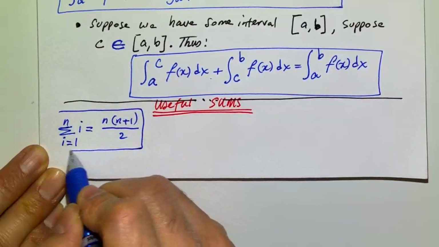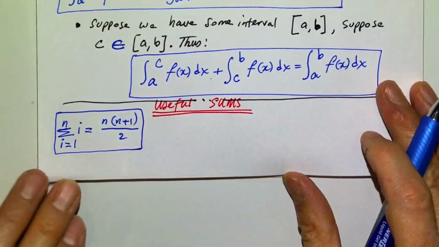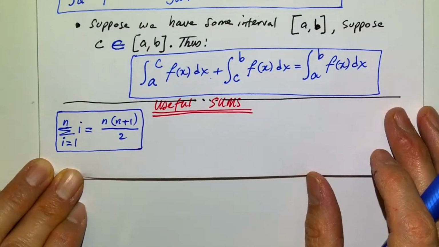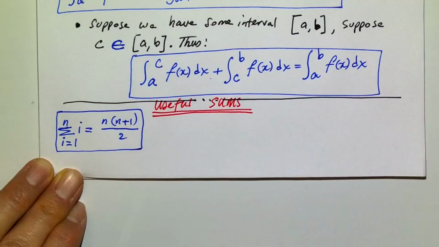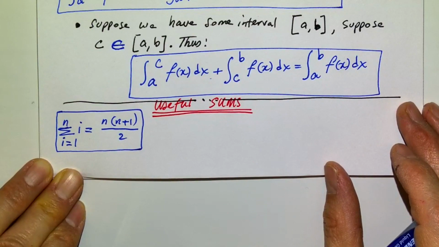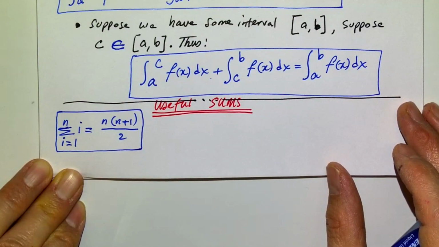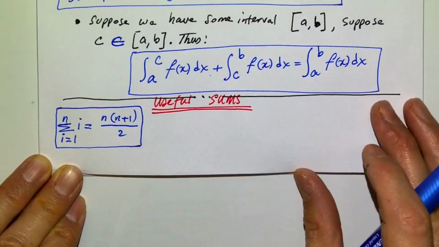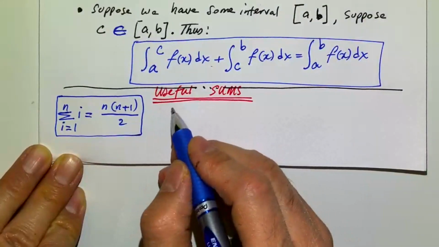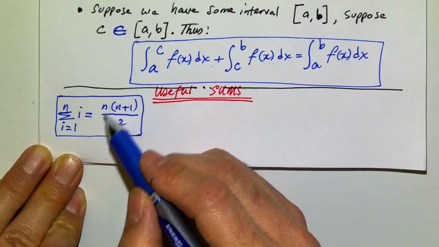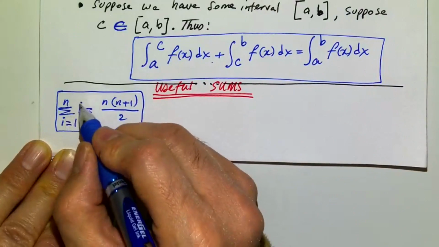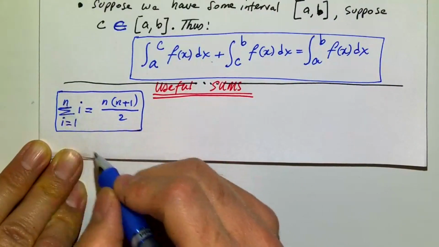I believe that the first time that anybody used this sum was Gauss when he was 8 years old, and at least that's what the story is, that when he was 8 years old, his teacher asked everybody in the class to add the first positive 100 digits, and he could quickly do that by using this formula. I don't know if that story is true, but for sure we can use this in our work today. So one is for the sum of i as i goes from 1 to n.